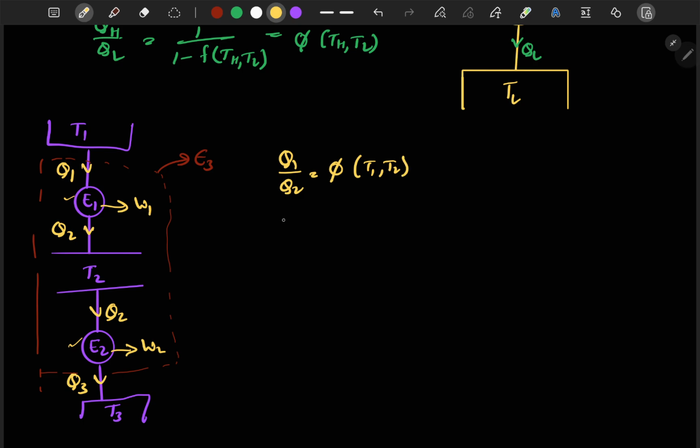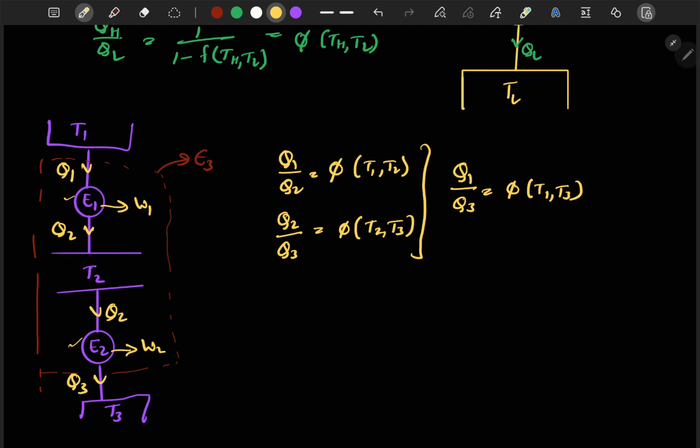Similarly I can also write Q2 by Q3 is equal to psi of T2 comma T3. And similarly from the combined equation I can write Q1 by Q3 is equal to psi of T1 comma T3.